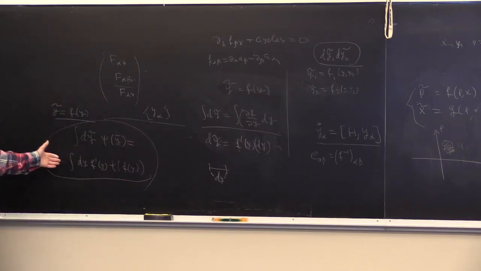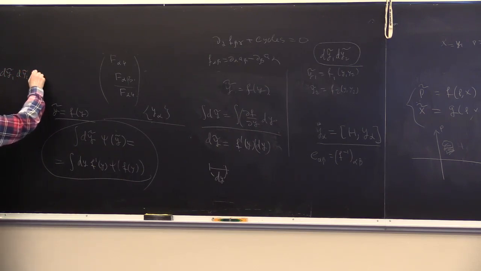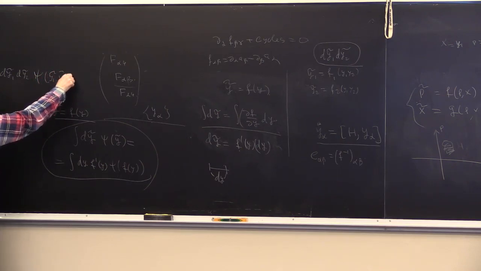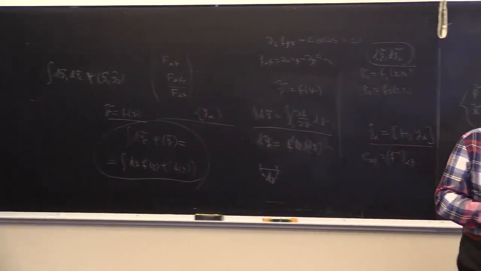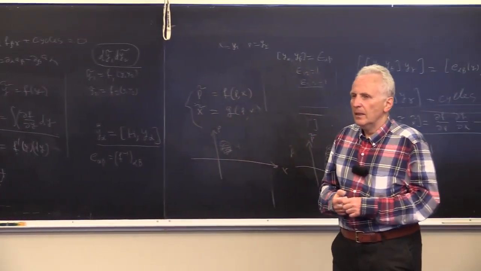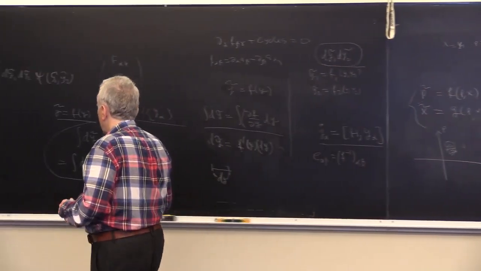This is the formula which you definitely know in some form, right? And what I'm basically asking is, what's the generalization of this formula when you have dy1, dy2, some arbitrary function psi of y1 and y2, and I now change variables. How to change variables in the multiple integral? So you make a matrix constituting dy tilde i over dyj.